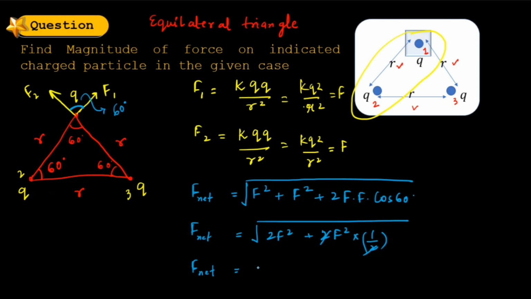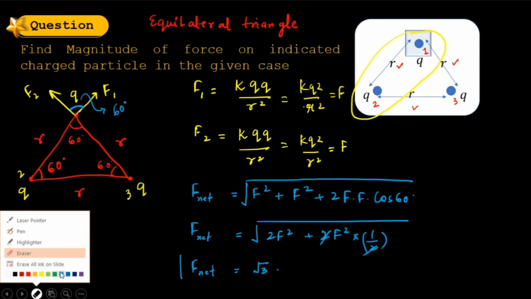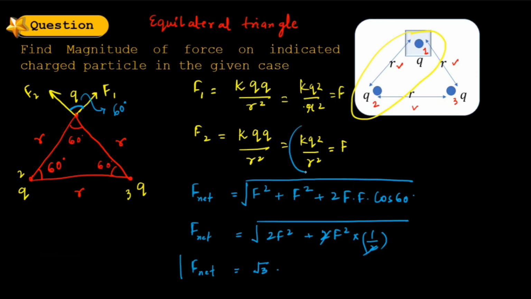So the answer is going to be root 3 times F. We don't have to write F here, we should be writing the value of F, which is this. So root 3 times K Q square over R square. This is the net force which will be acting on this marked charge. This is what is being asked in the question.